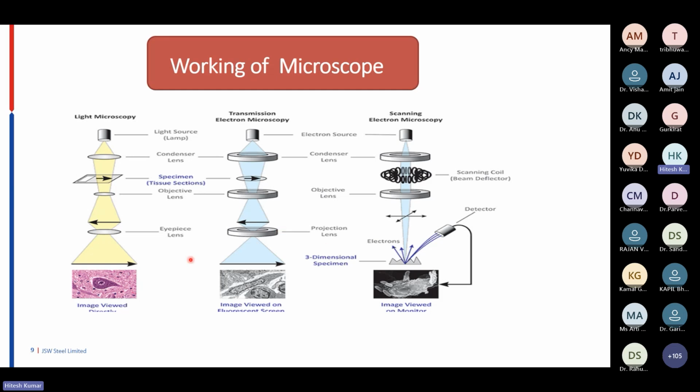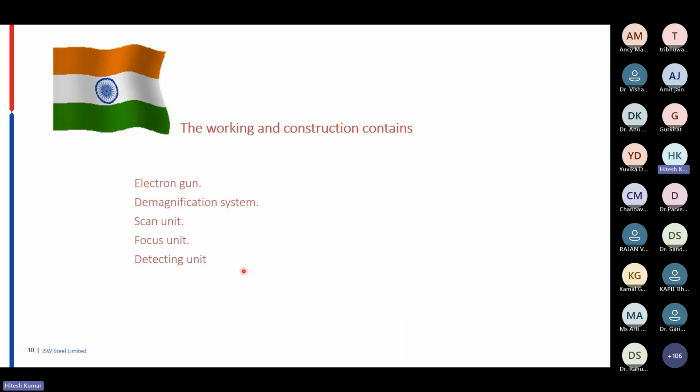So whatever data you capture, you capture from the transmission, and because of this the resolution is improved a lot. You get around 0.1 nanometer scale data with the help of transmission electron microscopy.